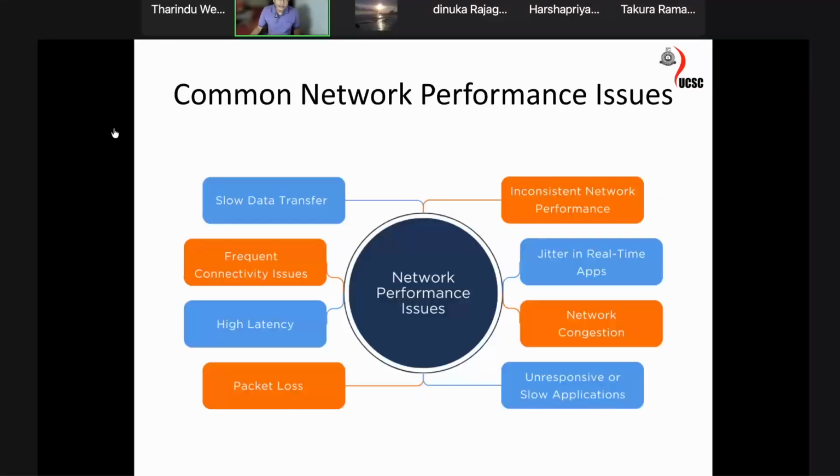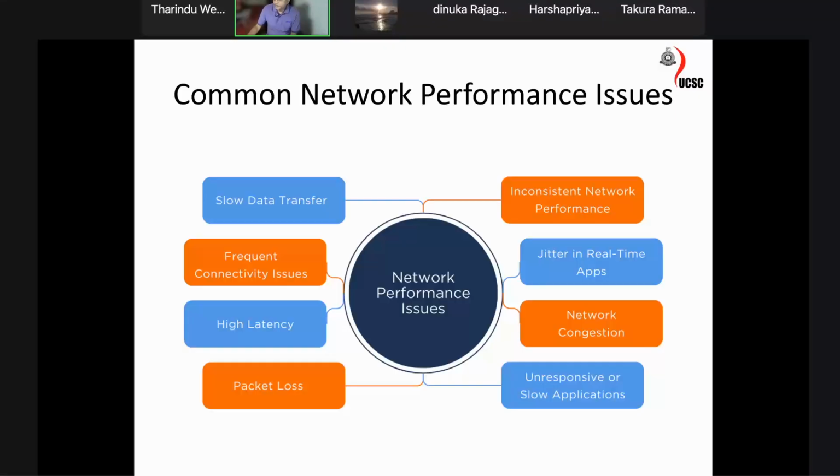Right, let's go to the details. Common network performance issues. Network performance issues can usually be classified this way as well. Let's see, slow data transfer. If you have a file transfer application, you can see that the slow data transfer speed or throughput is not enough for the application.